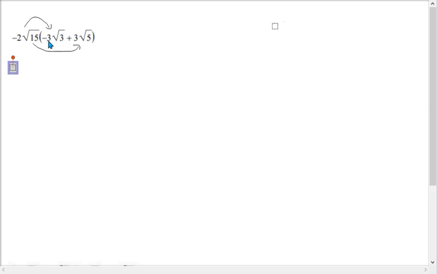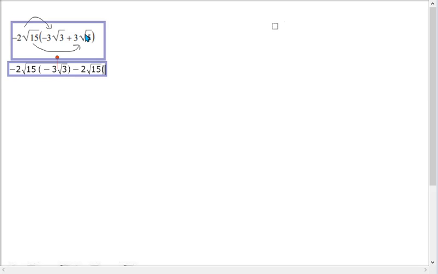Then you close this one and you multiply -2 square root 15 by the second one, times 3 square root 5. And we have this expression now.